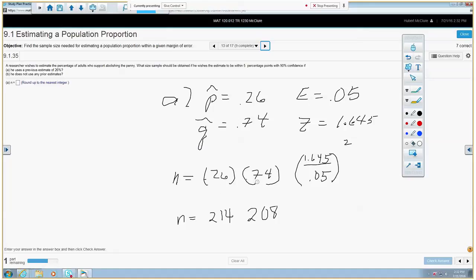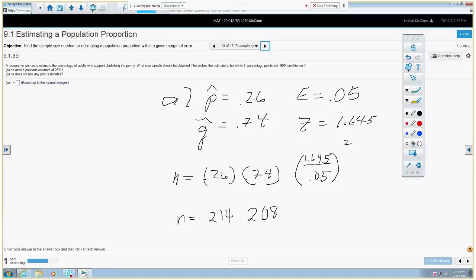0.26 times 0.74, give a number there, and then take 1.645 divided by 0.05 and raise that to the second power. Then multiply those two by that.